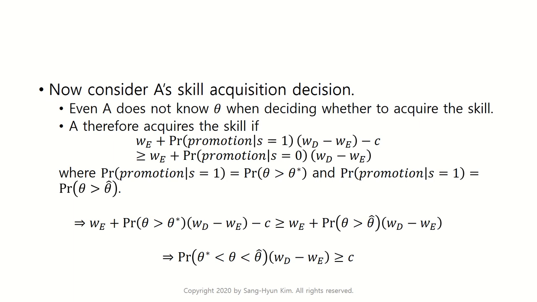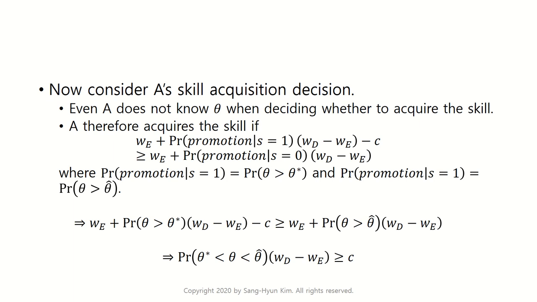Right? So what is the benefit? The benefit is that you get additional wage, WD minus WE, with probability that theta is in between theta star and theta hat. So if theta is between theta star and theta hat, you will be promoted only if you make an investment, only if you are skilled, right?